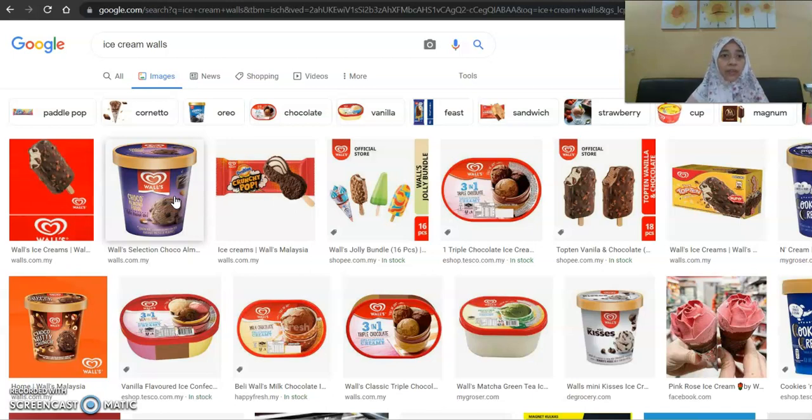If let's say you buy this particular 3-in-1 ice cream, regardless whether you buy it in Segamat, in KL, in Perlis, or in Kedah, you will have the same packaging and the same taste. Maybe the price is slightly different, but the products are identical.